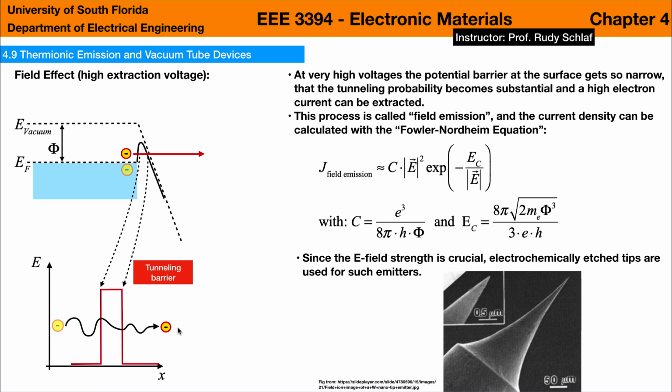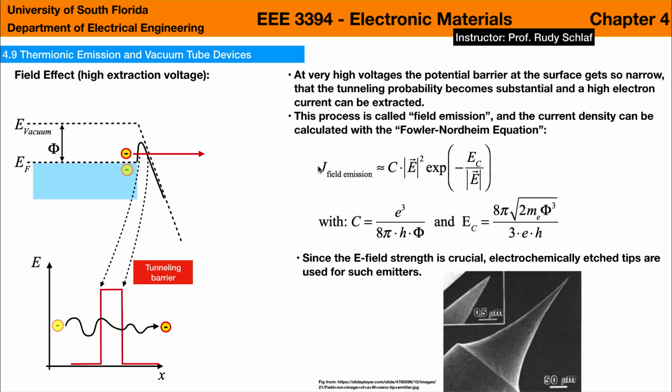This process, which is called field emission, yields a strong increase in the current density because we start out with a large reservoir of electrons close to the Fermi energy instead of relying on the upper end of the Fermi-Dirac distribution like in the Schottky effect.